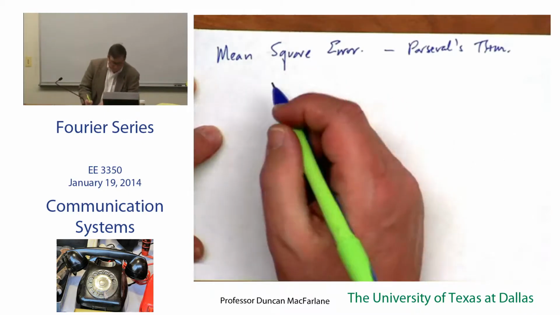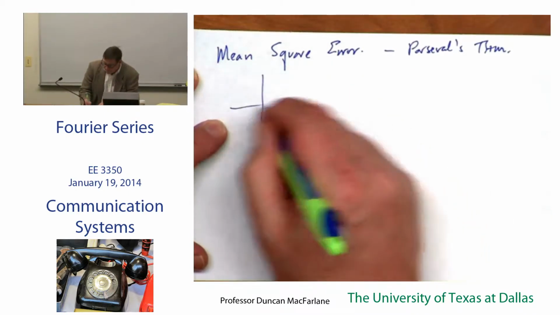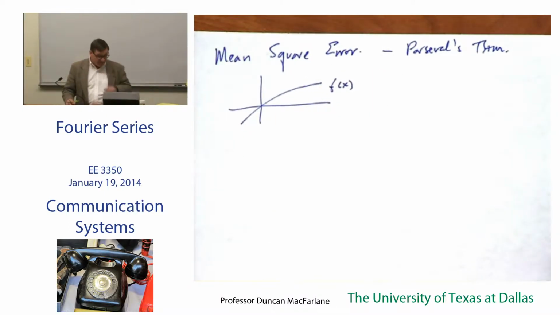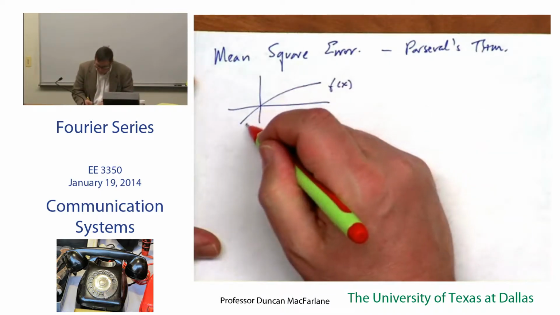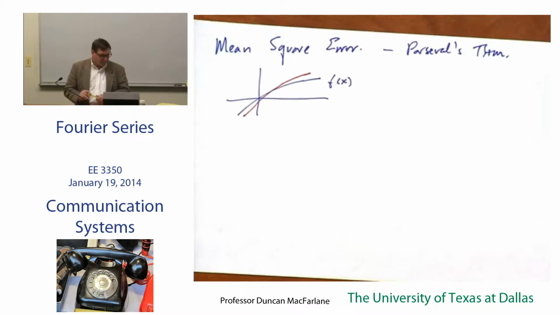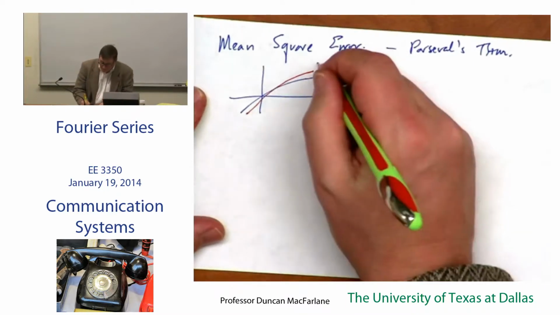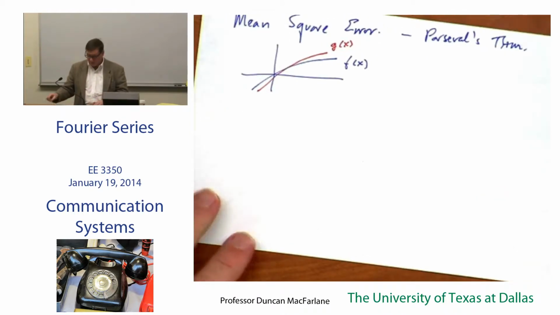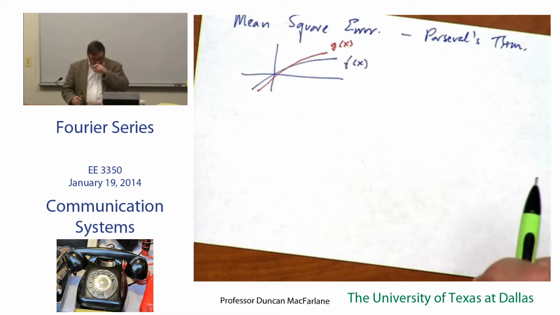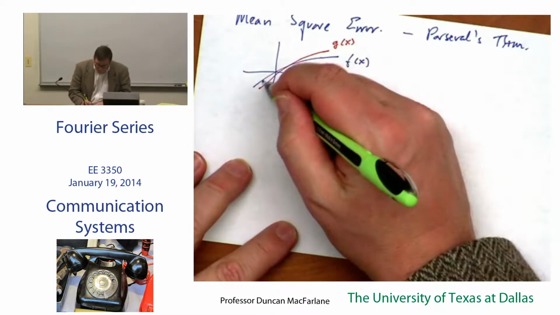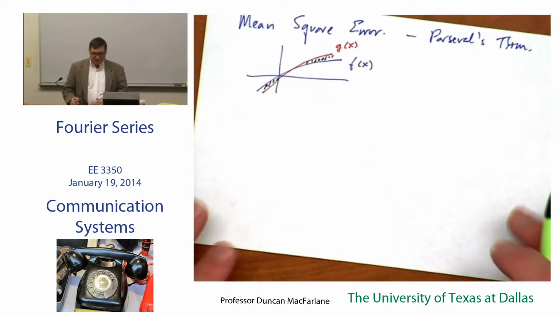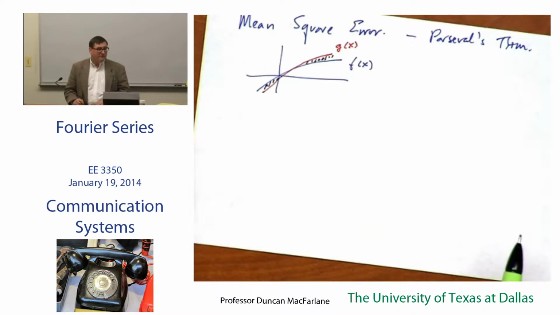And so, if I have a function, and I'll confuse you and I'll call it f of x instead of f of t, and I have an approximation to this function, and I'll call this g of x, then there's a little space on this side here and a little space on this side here for which the g of x and the f of x don't quite match.